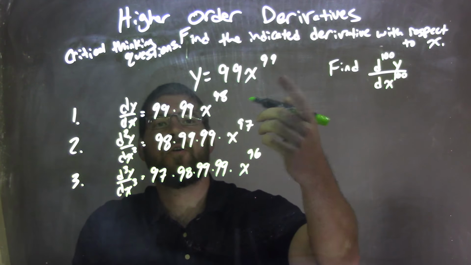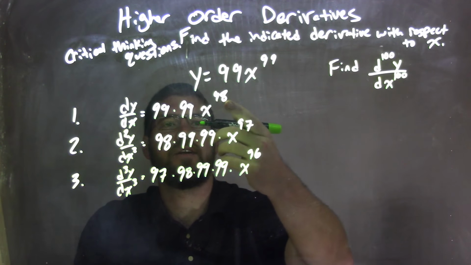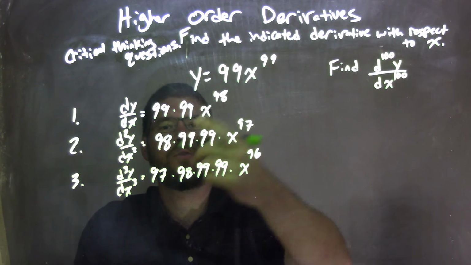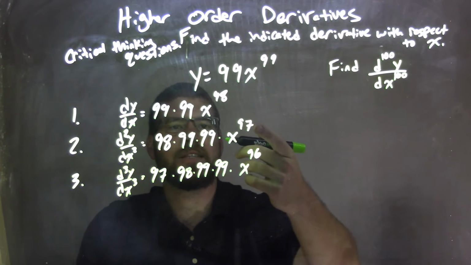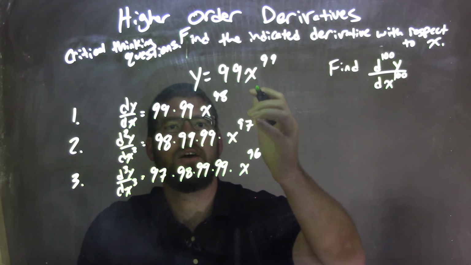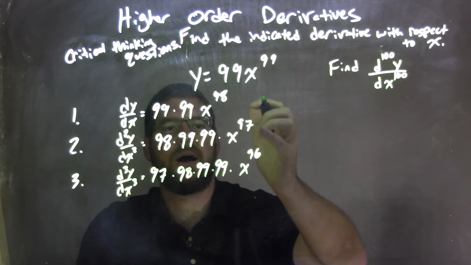The first derivative gave us the 99 down here, 98 there. Second derivative, 98 down here, 97 up there, so we keep subtracting. Every derivative we subtract the exponent by 1.